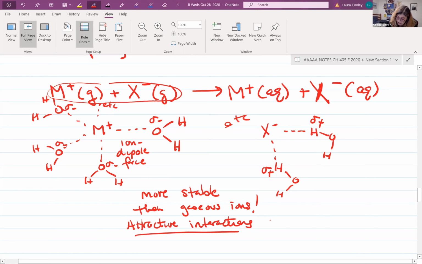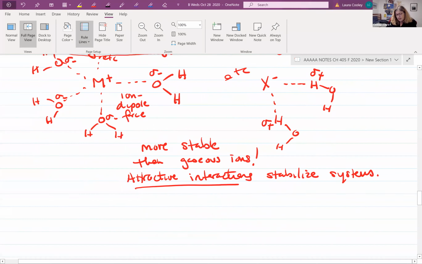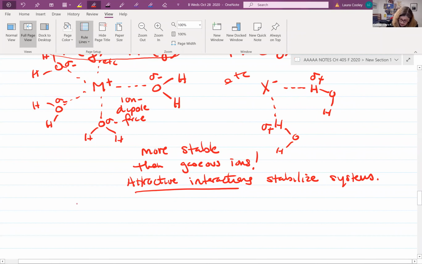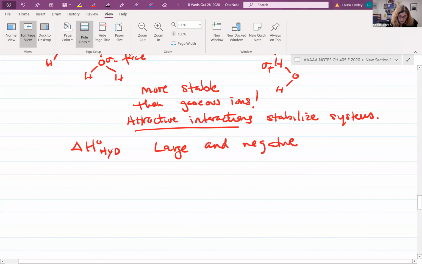And attractive interactions stabilize systems, right? We know that. So of course, this delta H hydration is large and negative. And so this is, like I said, very exothermic.